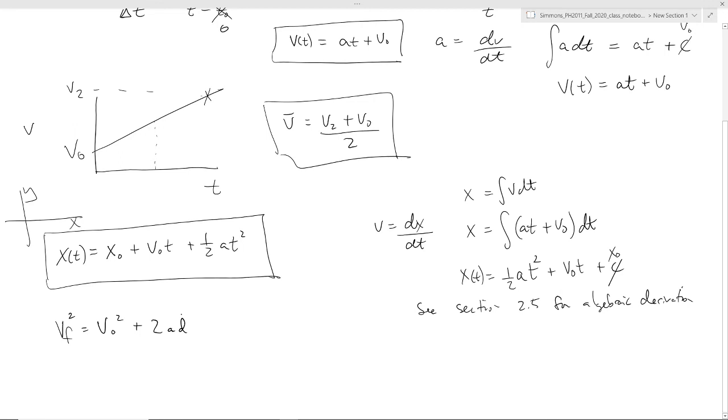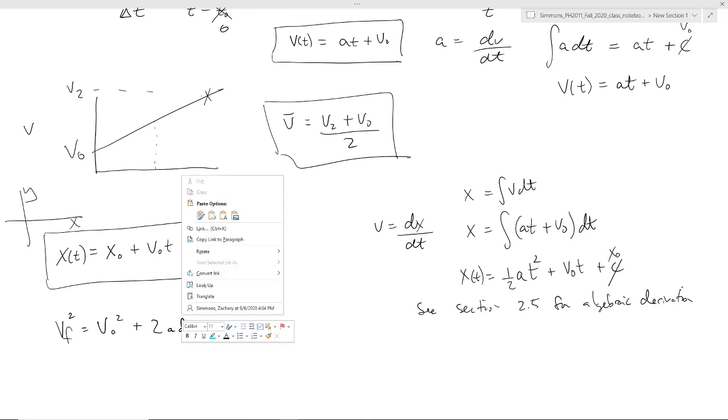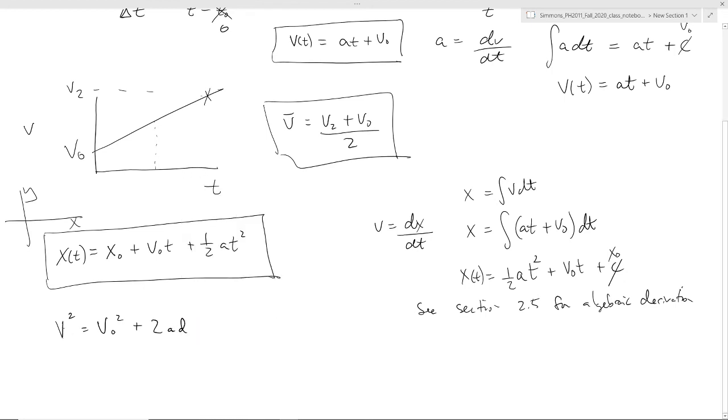So again, just to emphasize, if you have a situation where you have constant acceleration, you can relate the final velocity to the initial velocity, the acceleration, and the distance traveled through this expression.